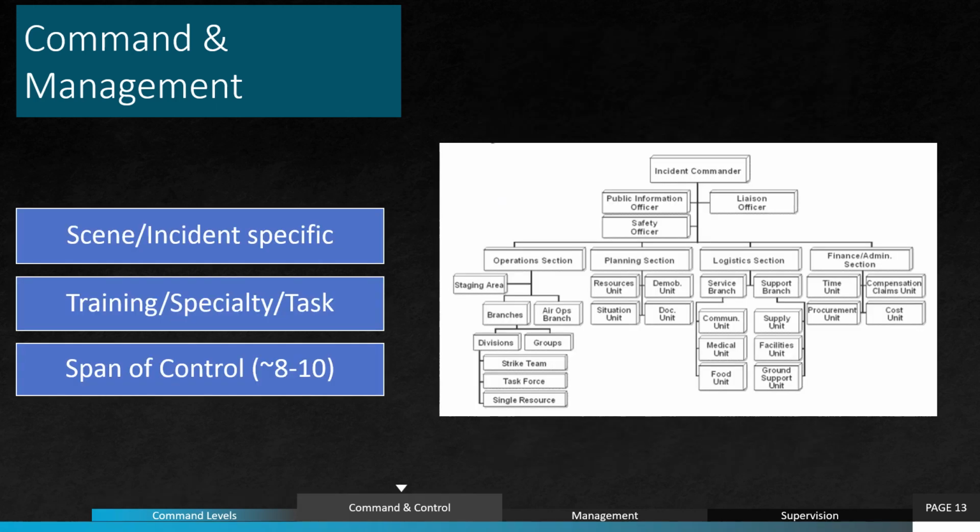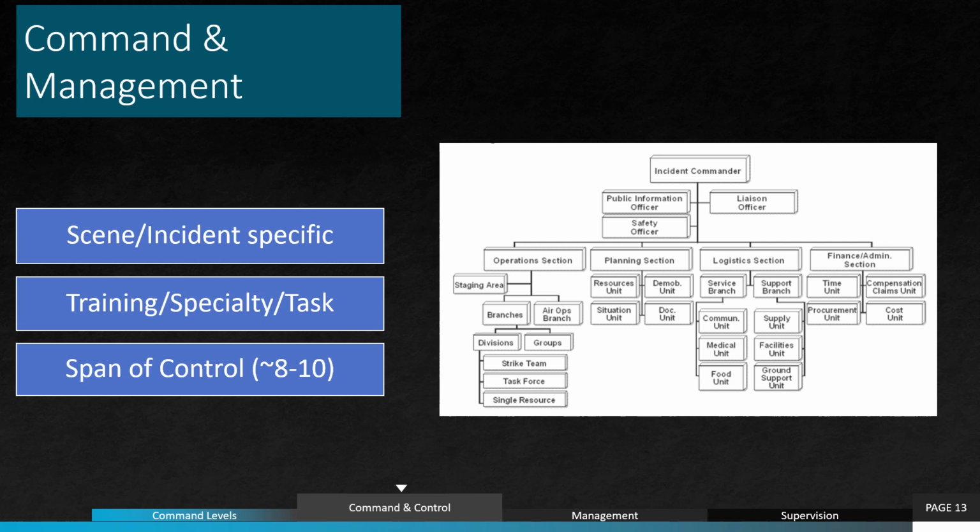So as we continue our discussion about command, we'll often hear command and control, and management and supervision. Command and control, if you think about it, is really focusing on a scene or a specific incident. You're talking about command and control of that one operation.